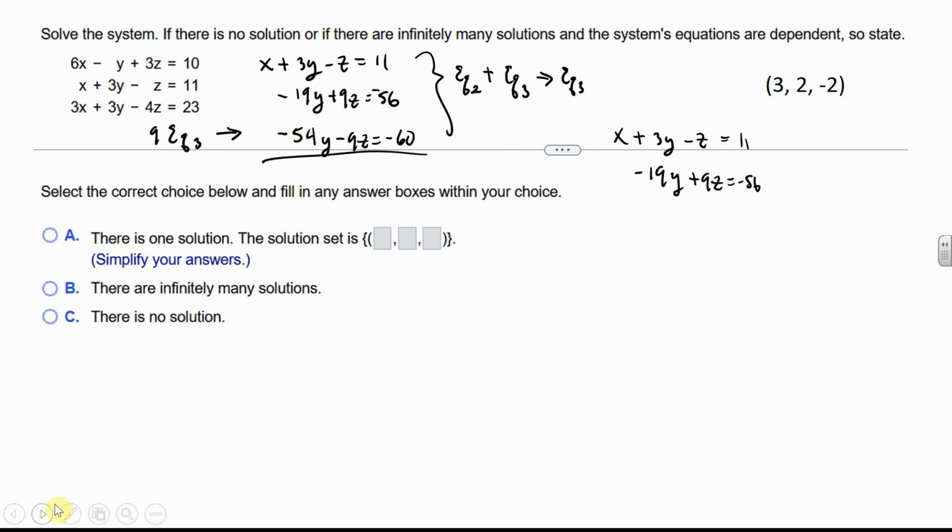So this is 3, 5, 6, 7. Is that negative? And that's equal to, that's negative.